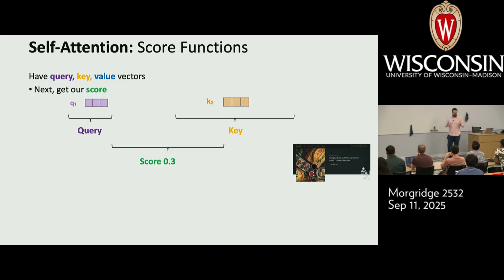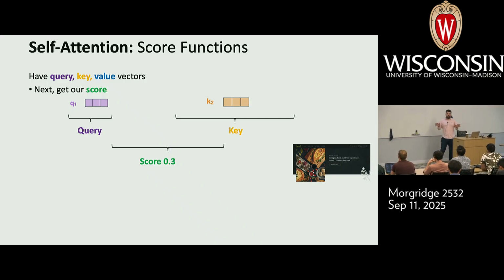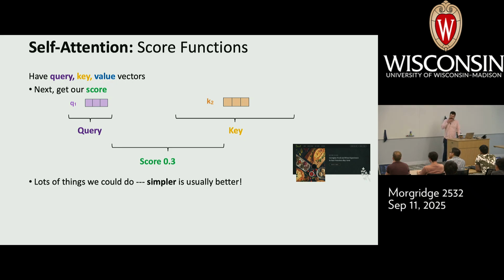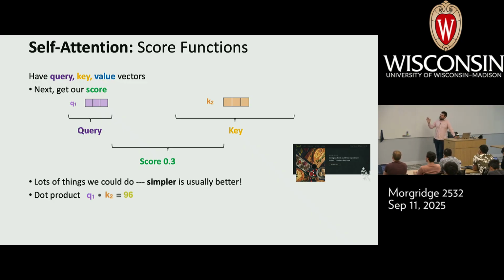Yeah, dot product is a good choice. Of course, it's not the only choice, right? You could do lots of different things. You could even learn a good operation here. And in fact, initially, people had all kinds of pretty sophisticated operations. It turns out that, as is often the case, simpler is better. We're going to run dot product attention, but it's not the only kind of attention. It could be other things as well.